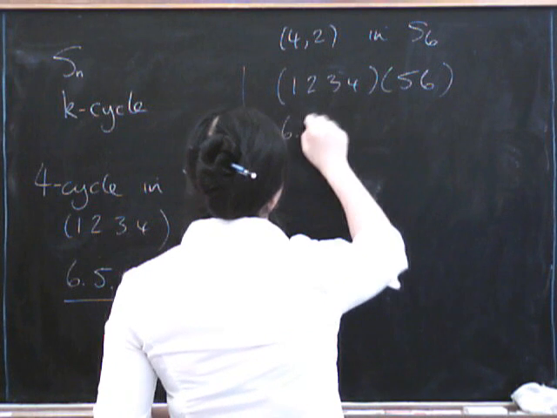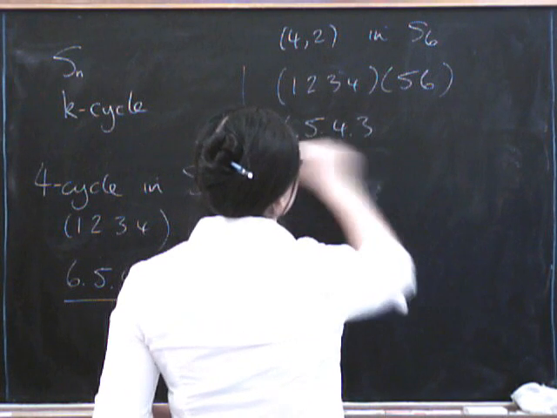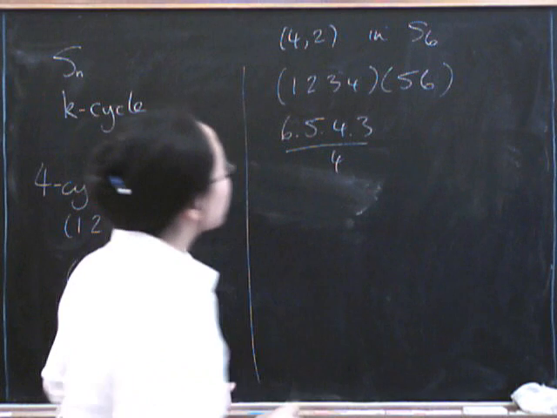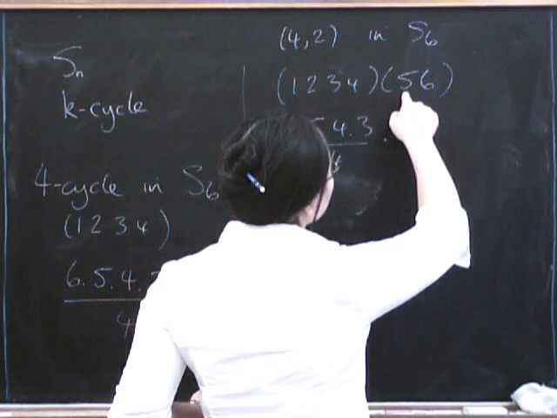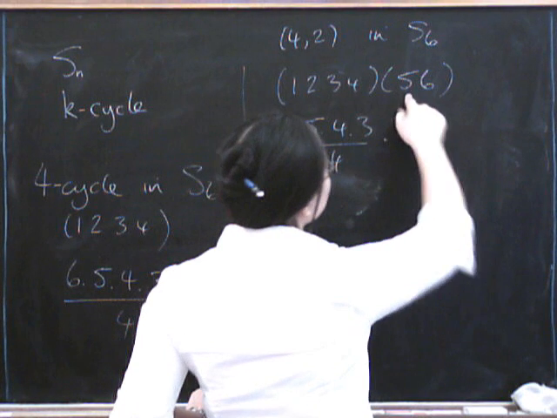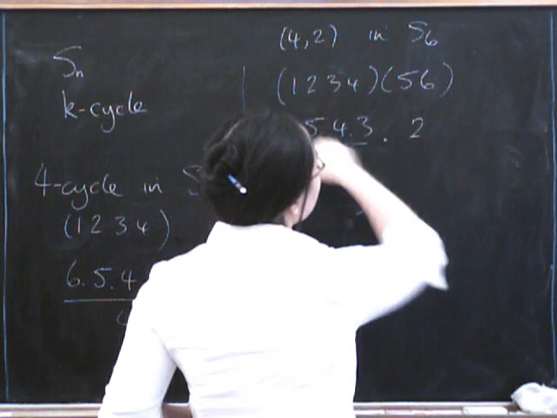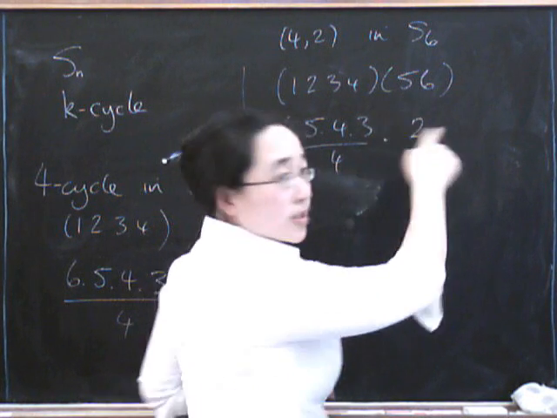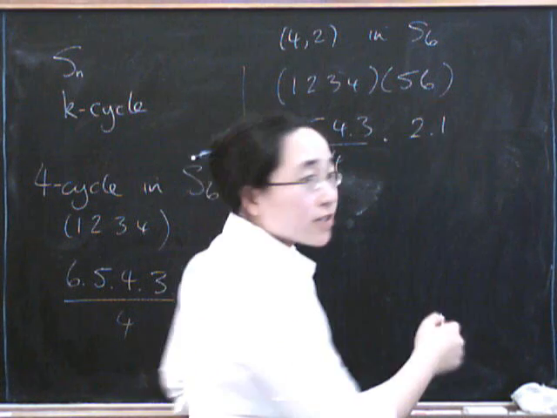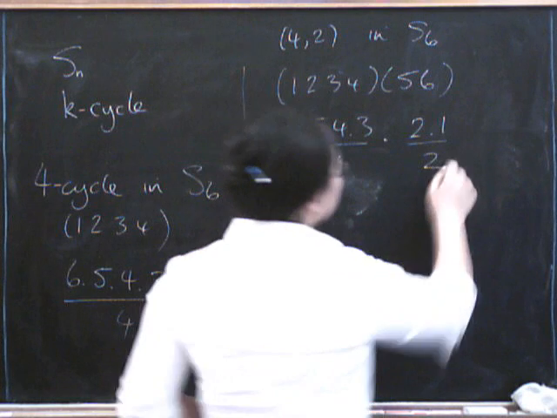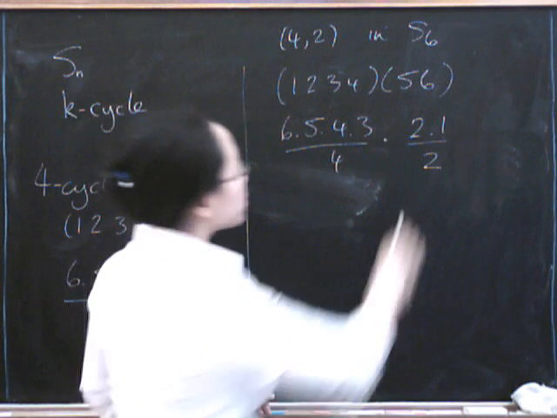You've got 6 times 5 times 4 times 3 divided by 4 for the first lot. Now here, how many choices have you got for this? Well, you've got 2 numbers left, because you've used up all the other numbers. You've got 2 possible choices here, and then you've only got 1 possible choice here, but again, you've overcounted by a factor of 2. So that actually this will all cancel out.